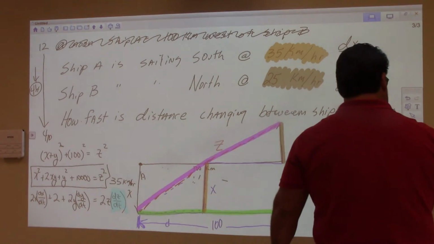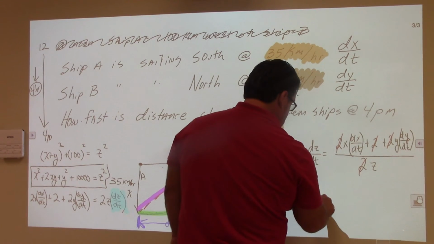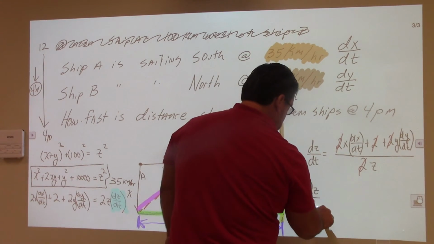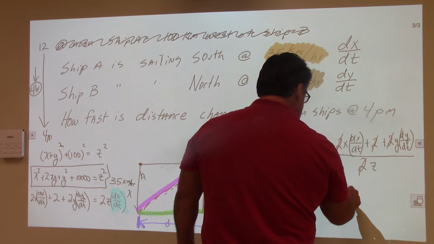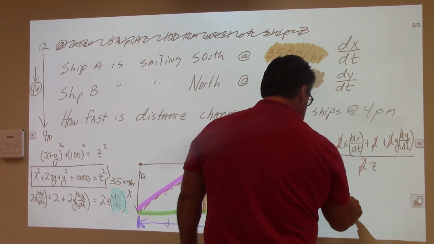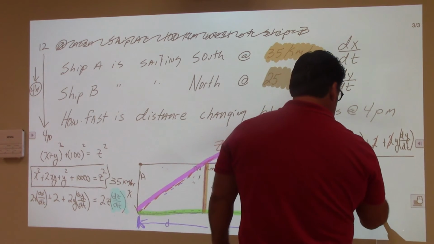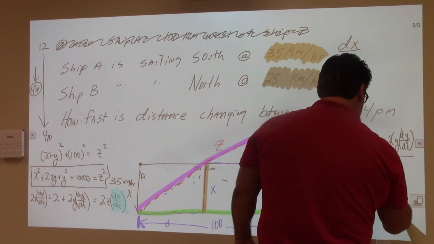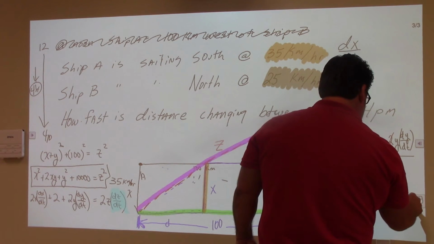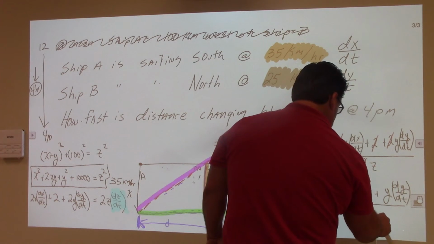So our final problem should be dz/dt is equal to x dx/dt plus 1 plus y dy/dt over z.